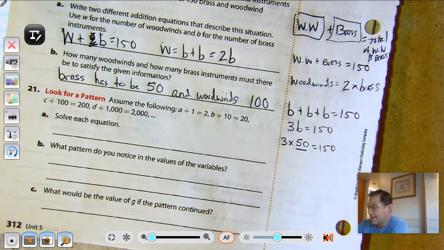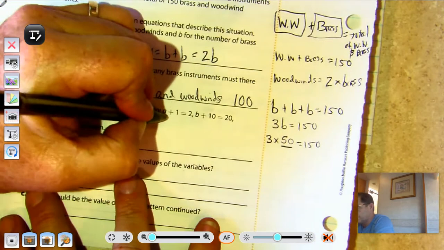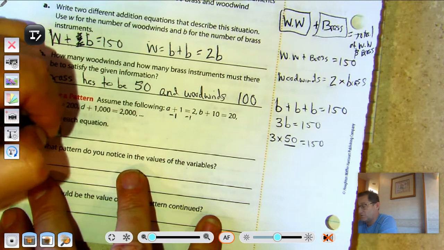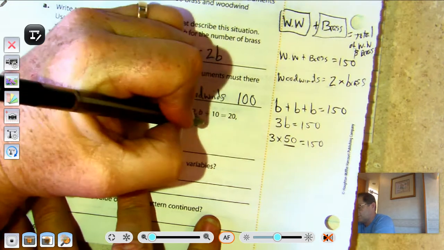Right, 21A. Assume the following. A added to 1 gives you 2, and B added to 10 gives you 20, and C plus 100 equals 200, and so on. Solve each equation. Okay, well, in this one we're going to subtract 1 from both sides. That would give us A equals 1. Subtract 10.